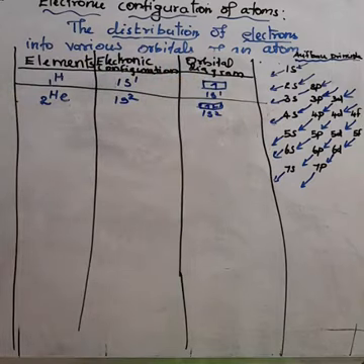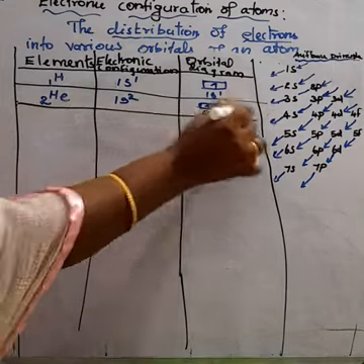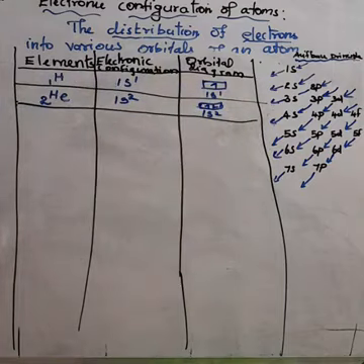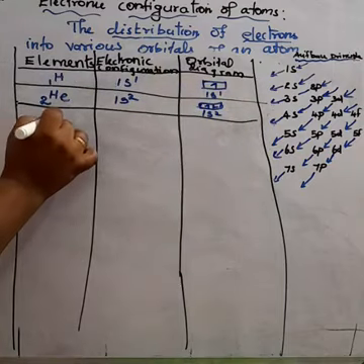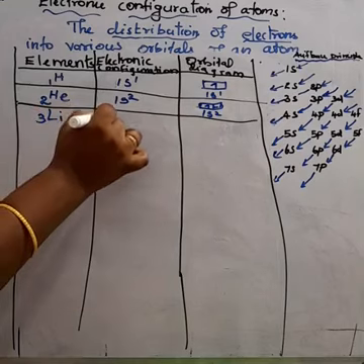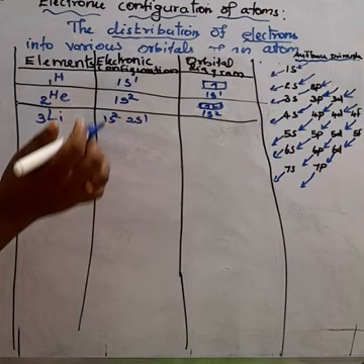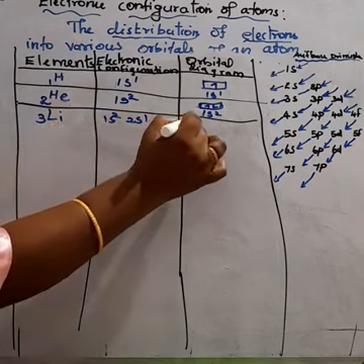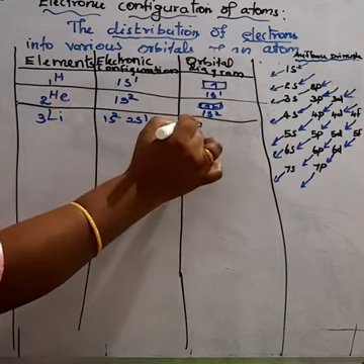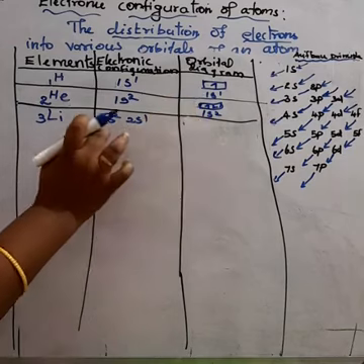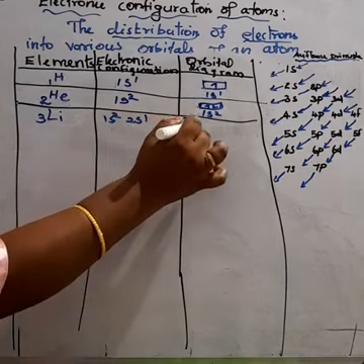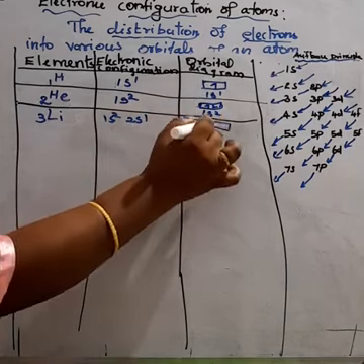Then the third atom, lithium. Lithium has atomic number 3. So how do you write the electronic configuration? 1s2, 2s1. In each orbital we can fill only 2 electrons, so the s orbital holds a maximum of 2 electrons.